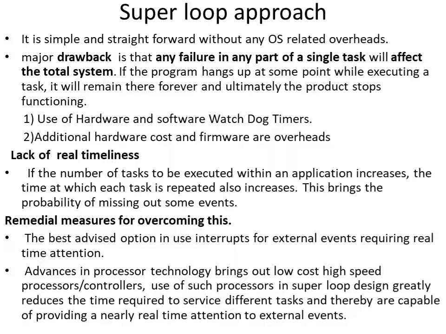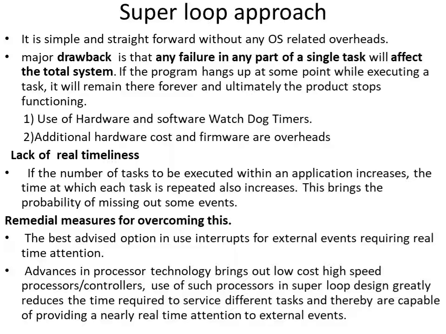Once the interrupt service routine is done, it will again start from the point where it had left the execution. So for external events, we can introduce interrupts and thereby achieve real-time attention.